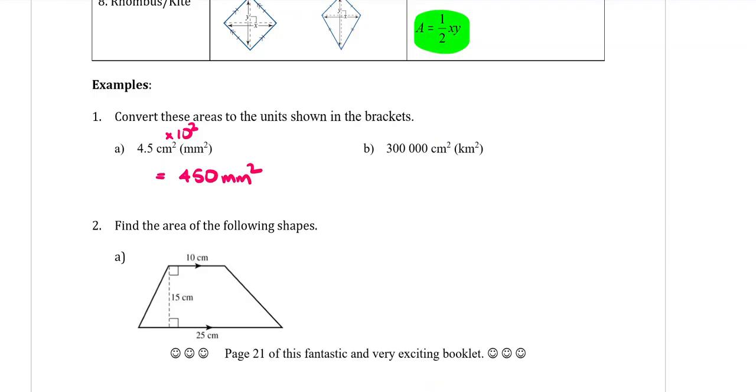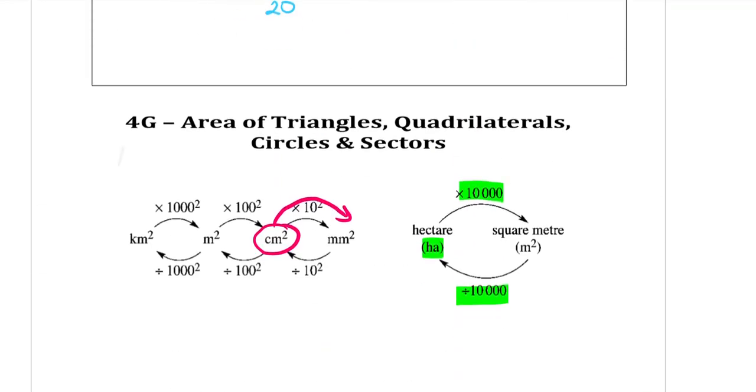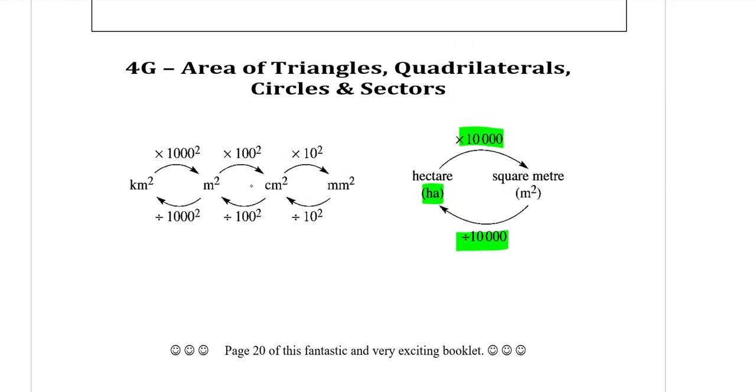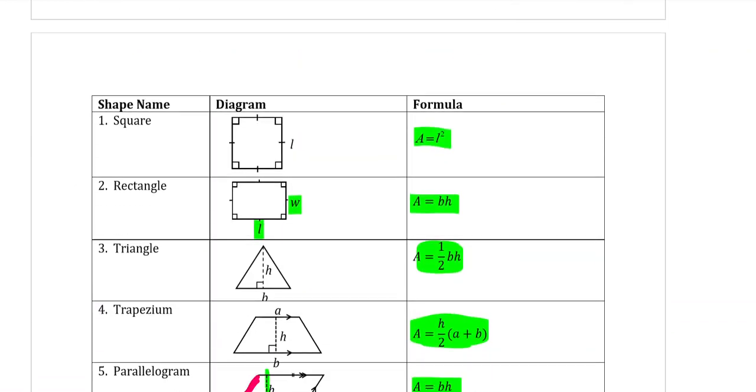millimetres squared. Part B, we want to go from centimetres squared to kilometres squared. So back up to the chart again. Centimetres squared are here, and we want to go 2 jumps over to kilometres squared. So we need to divide by 100 squared and then 1,000 squared.